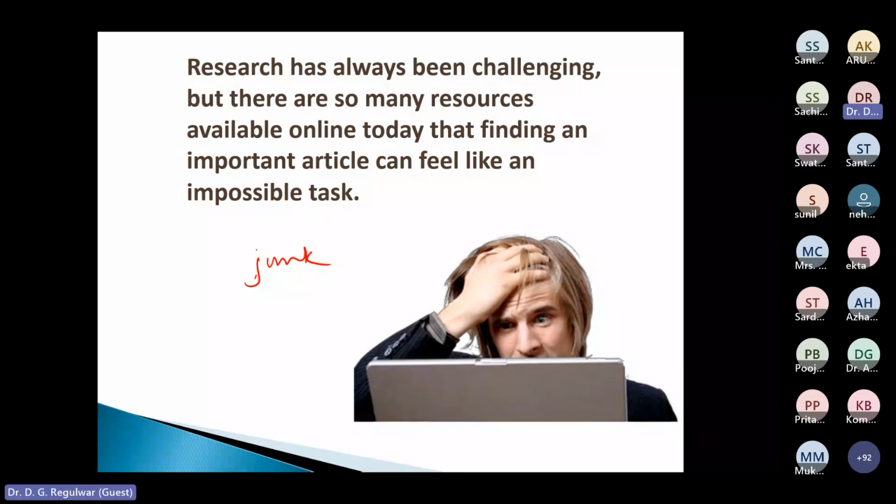Online resources are there. You just go on searching, a lot of papers you can find. But whatever paper you want, sometimes we may not get it. So this is also quite possible at the beginning stage.